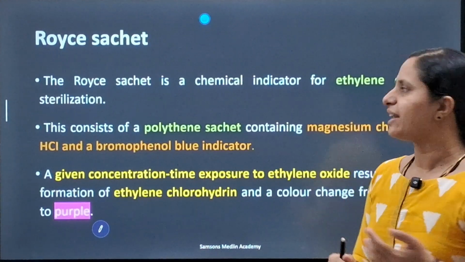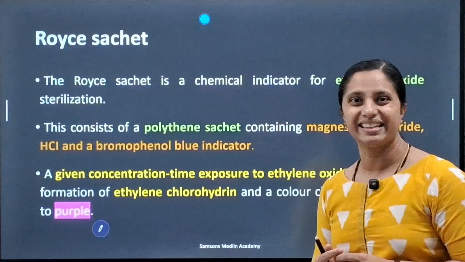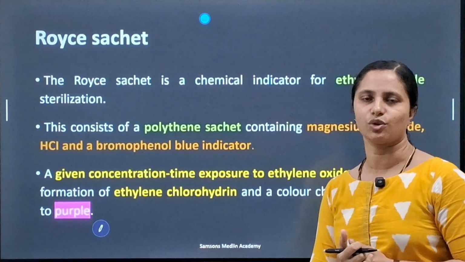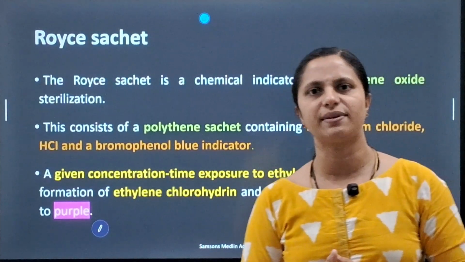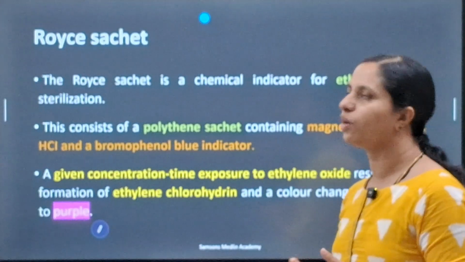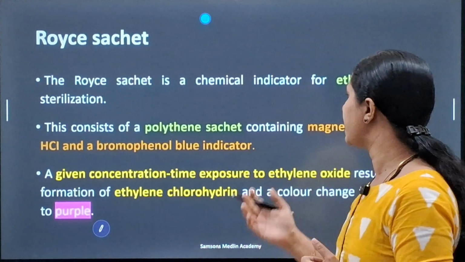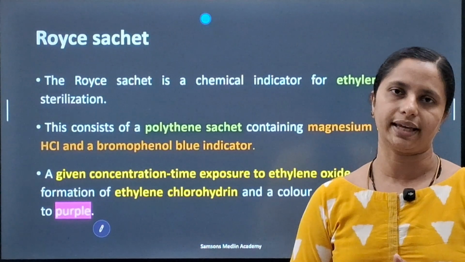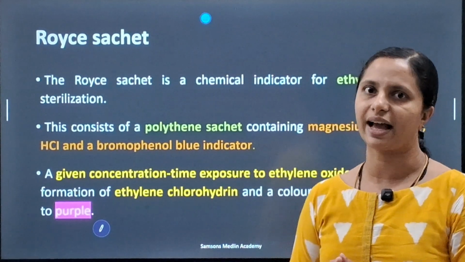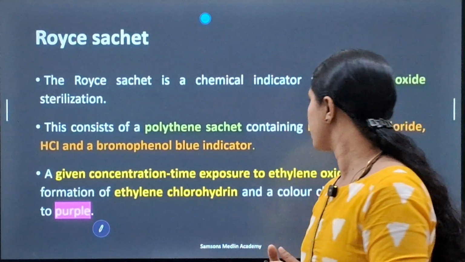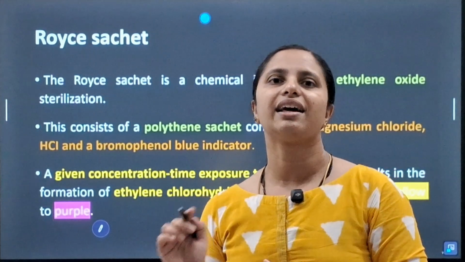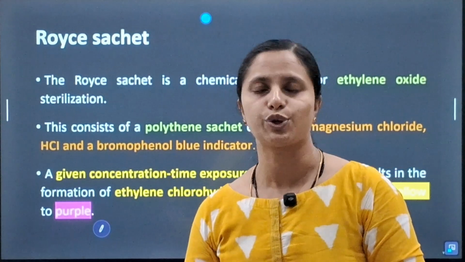Next is Roy's sachet. Roy's sachet is an indicator for chemical sterilization, that is ethylene oxide sterilization. It too contains a reaction mixture. It is a polythene bag which contains magnesium chloride, hydrochloric acid and bromophenol blue indicator. So if ethylene oxide comes in contact with this reaction mixture, what happens? It reacts with ethylene oxide and gives ethylene chlorohydrin, and the color changes from yellow to purple.